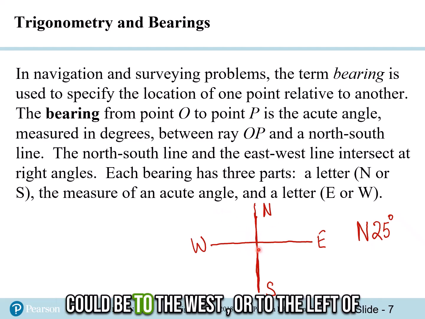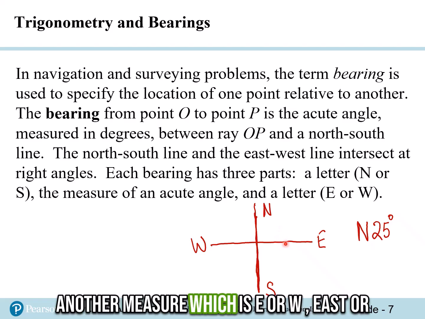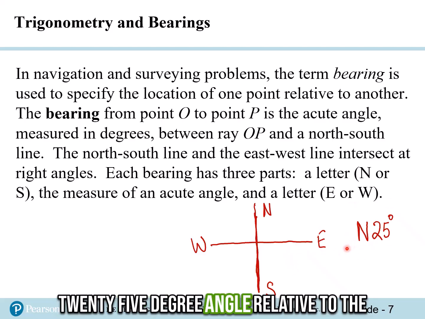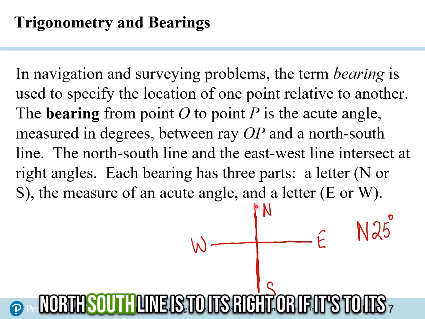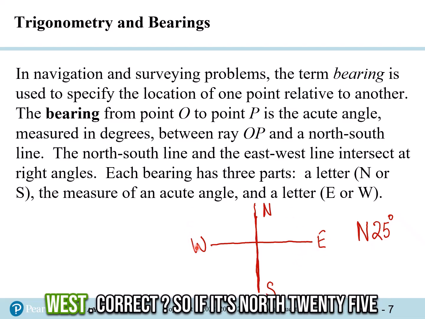However, it could be to the west or to the left of north. So for that, we have to be given another measure which is E or W, east or west, right? So to determine whether the 25-degree angle relative to the north-south line is to its right or to its left, we have to be told whether it's east or west, correct?